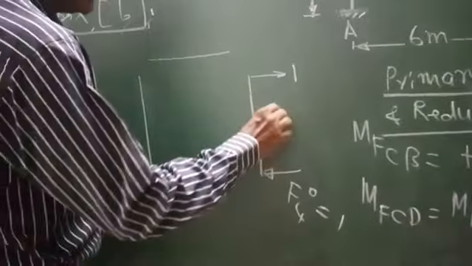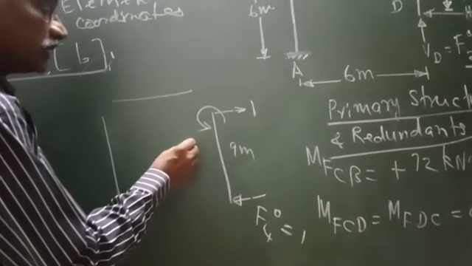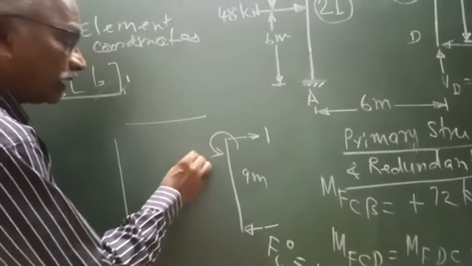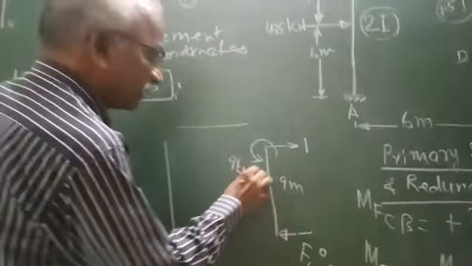These two will cause a clockwise moment of 9. We know it has to satisfy all the equilibrium equations: sigma v equals 0, sigma h equals 0, and sigma m equals 0. So sigma h equals 0 is satisfied, but sigma m is not satisfied because 1 into 9 will cause a clockwise moment. Therefore, for this it is 9 kN-meter. It requires an anti-clockwise moment of 9.